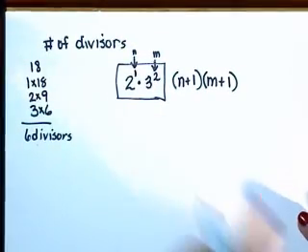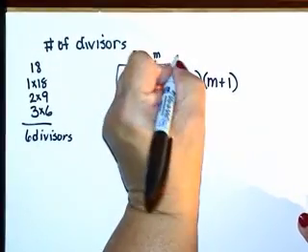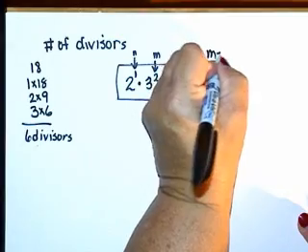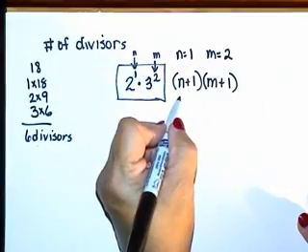So let's look at that. If n equals 1 and m equals 2, this is what we have.